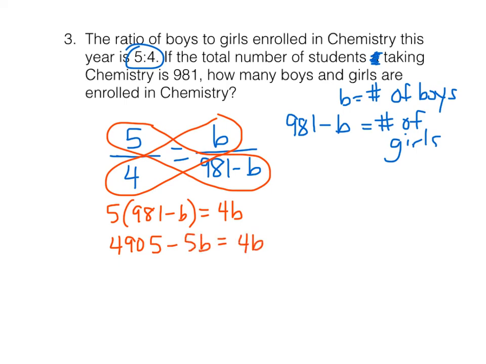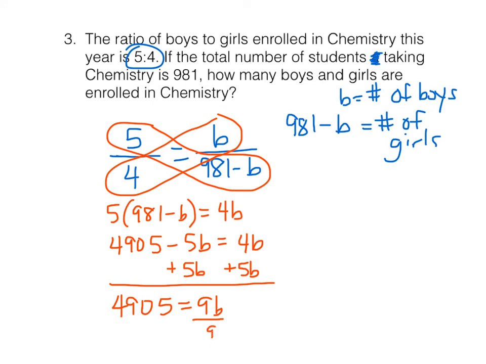And just like we've been doing on all the equations we solve, add 5b to each side, and you will have the result 4,905 equals 9b. Divide by 9, divide by 9. And it does come out to be 545. So there are 545 boys.